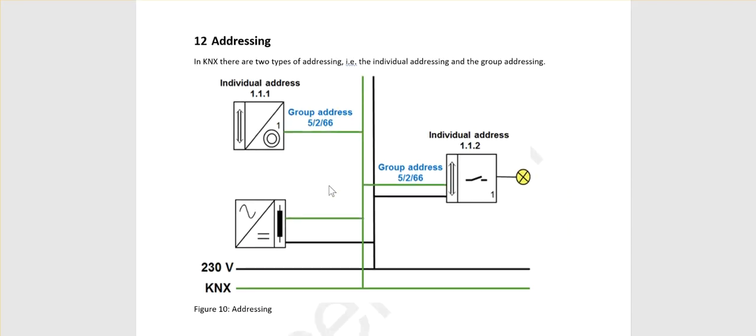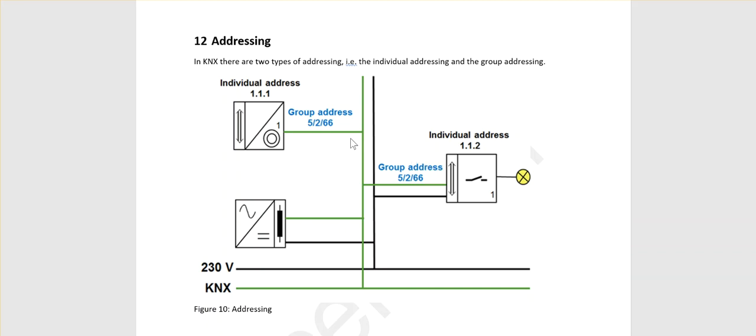On the next page, you can see we are going to assign the addresses that we talked about earlier. Each device here is assigned an individual address: 1.1.1 for the sensor, that is the push button, and 1.1.2 for the actuator. So they are unique and not the same.